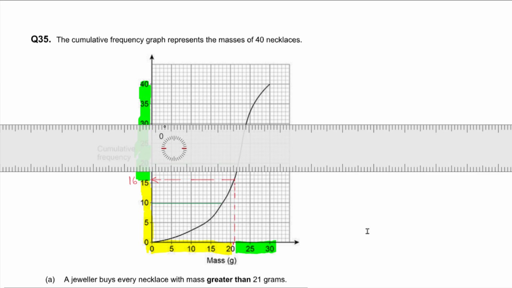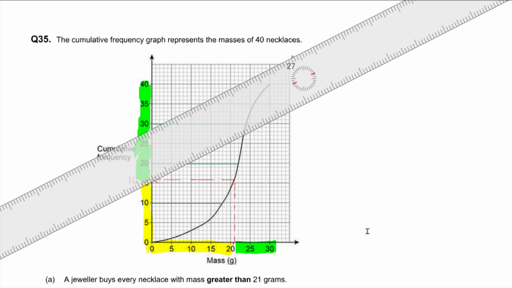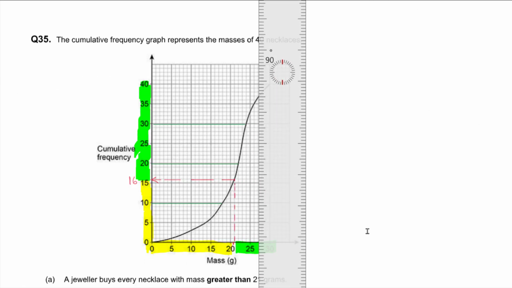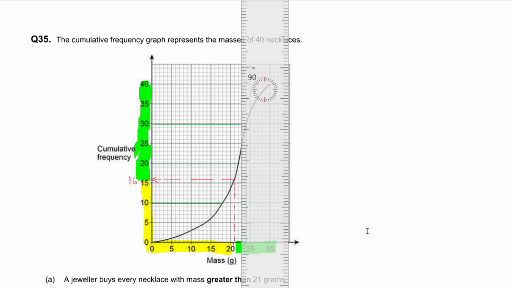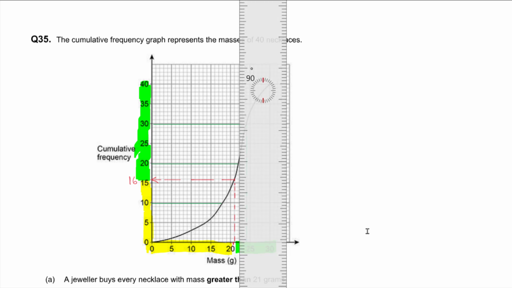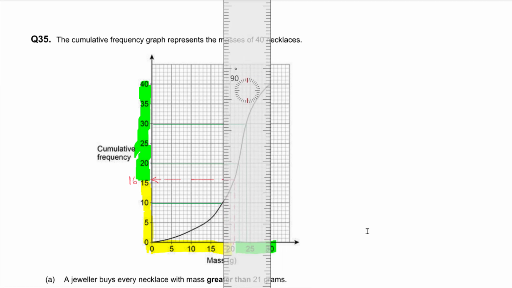Okay, it's easier for me to draw all 3 lines and then wiggle my ruler around. Draw them back down again. So there's one there, one there, one here.